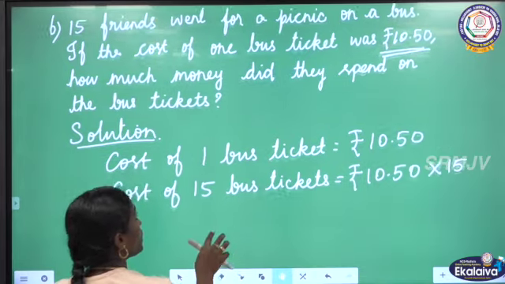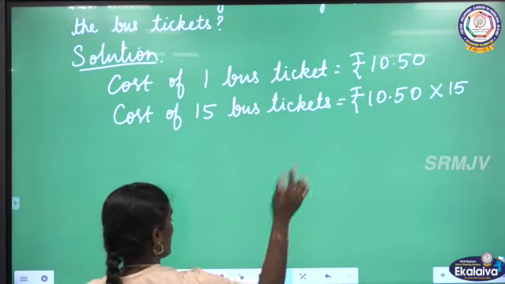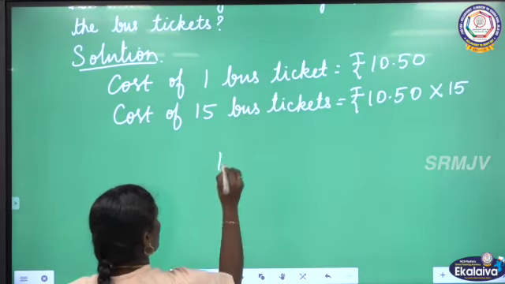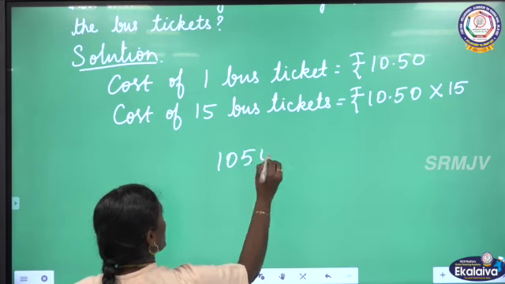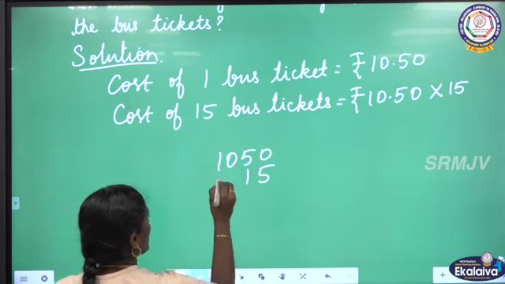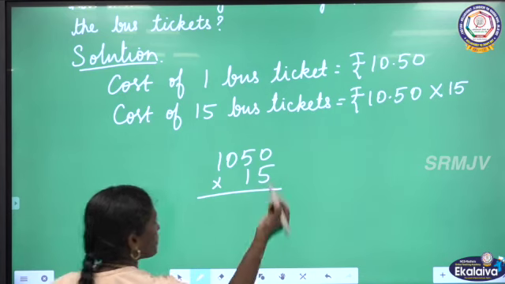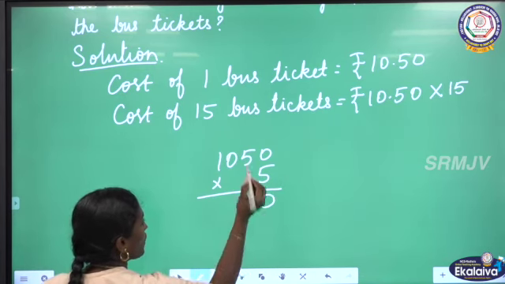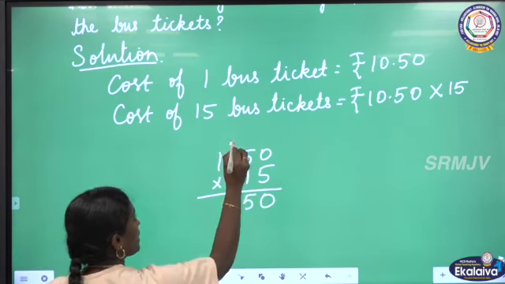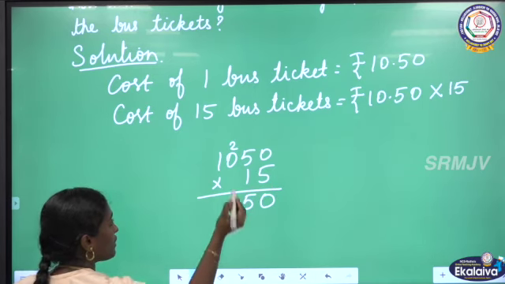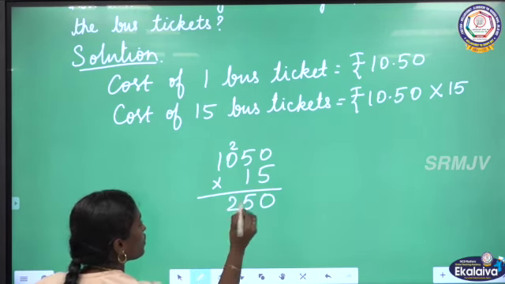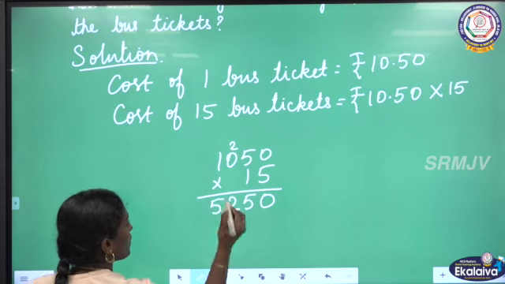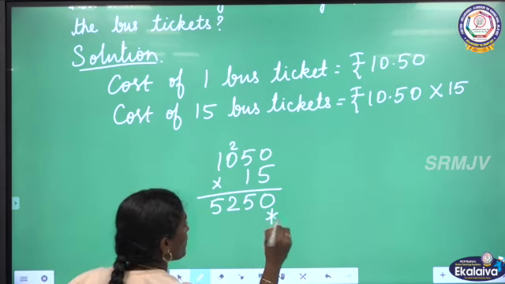Now we have to consider it as a whole number, then it will become 1050 into 15. Now multiply the numbers: 5 into 0, 0; 5 5s are 25, 5 here, 2 carry over; 5 into 0, 0, 0 plus 2, 2; 5 into 1, 5. Now we have to leave the ones place.